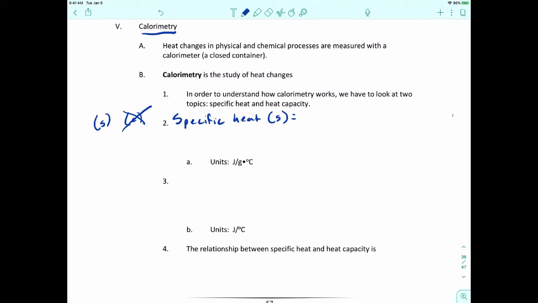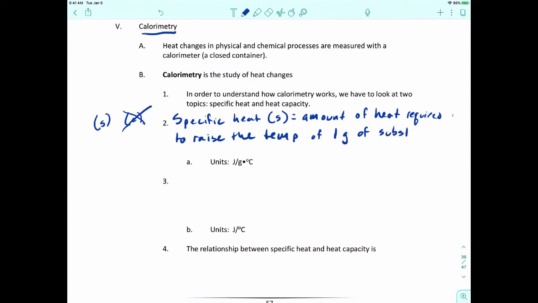So specific heat is defined as the amount of heat required to raise the temperature of 1 gram of substance by 1 degree Celsius.